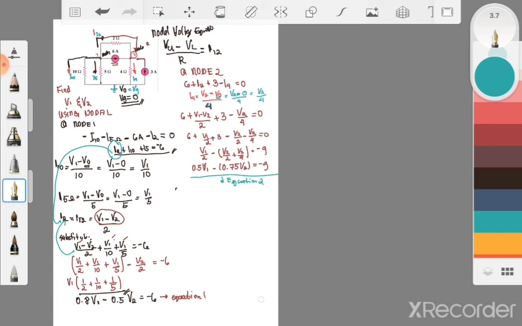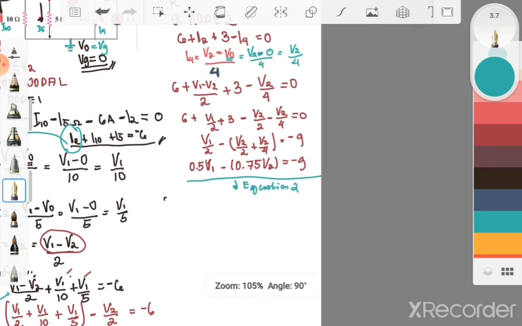And then, we have 0.5, negative 0.5, 0.75, 0.75 equals, and then, your negative 9. What is your V1 and V2? So, solving for your V1 is equal to 0, and your V2 is equal to 12 volts. Okay?